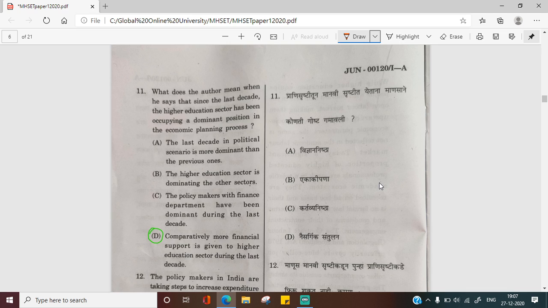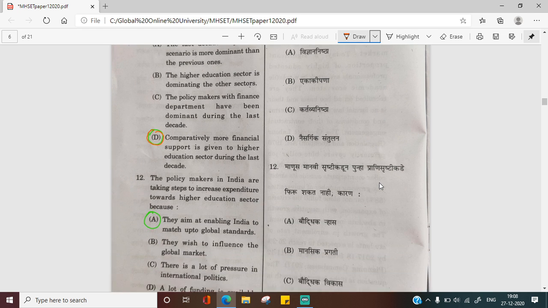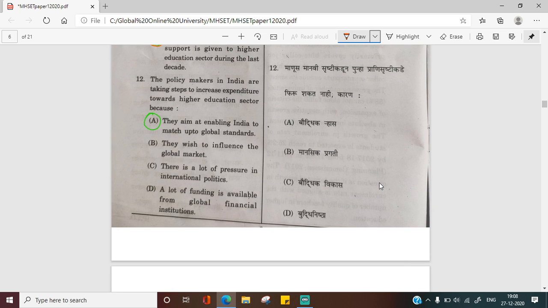Let's go. The answer to question 11 is option D. Comparatively more financial support is given to higher education sector. The policy makers in India are taking steps to increase expenditure towards higher education sector because they aim at enabling India to match up to global standards.